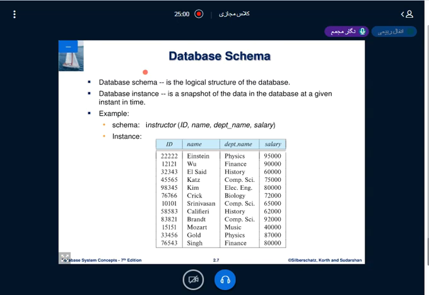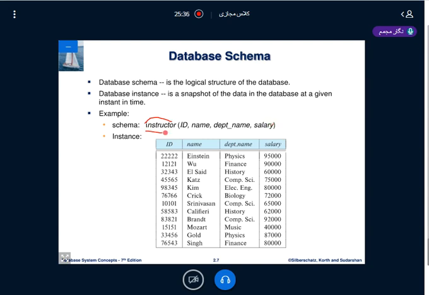And the database schema. Database schema is the logical structure of a database. With the database schema, we can understand the names of the relations, the names of the attributes, and the number of the attributes.